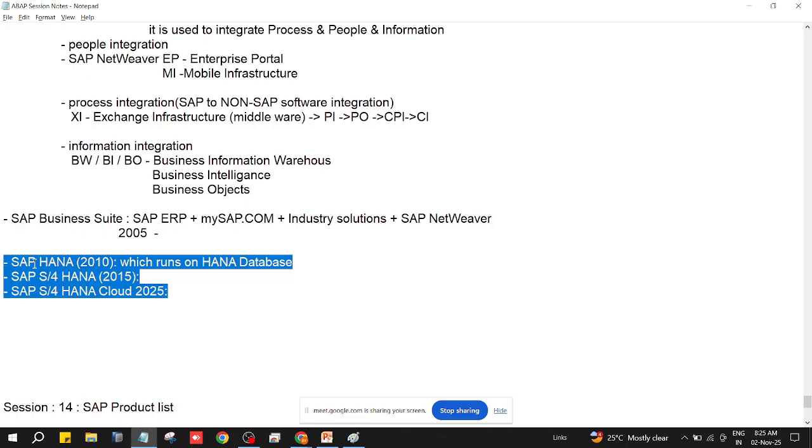Second, basis level also, HANA administration and GRC, many things were introduced and they made it completely separate. Security wise, cyber security wise. Because as the market trend goes on, SAP keeps on changing. So ABAP extensions, basis extensions. Similarly, functional module extensions.